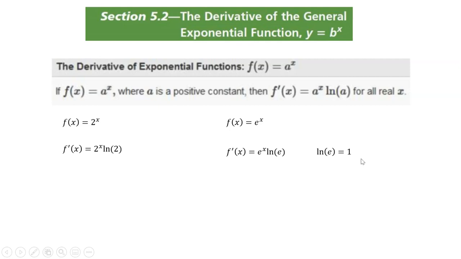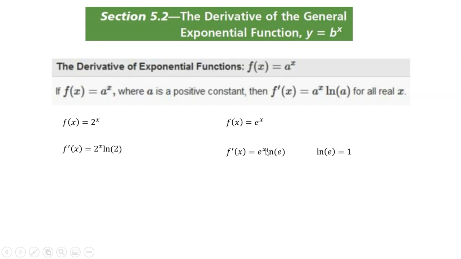If you're taking the base 2 log of 2, that answer is 1. The base 3 log of 3, the answer is 1. So the base e log of e would also be 1. If the base matches the log that you're taking, then you're always going to get 1. So this is really just to point out that we were doing this all along yesterday, but we just didn't know it.